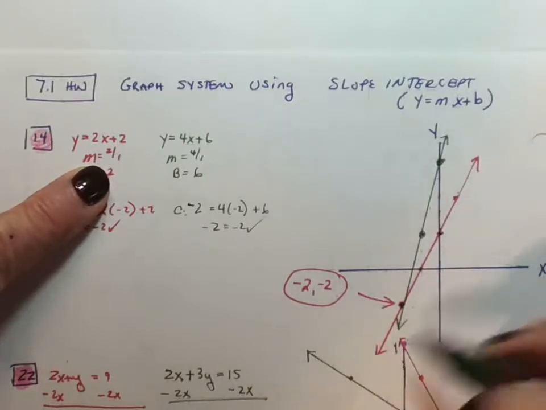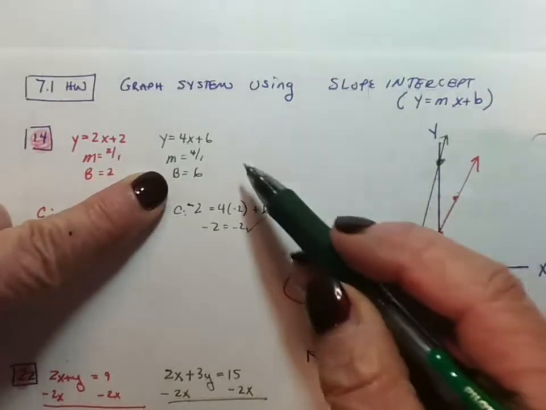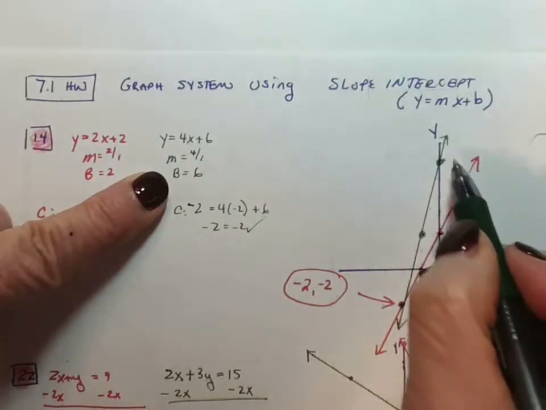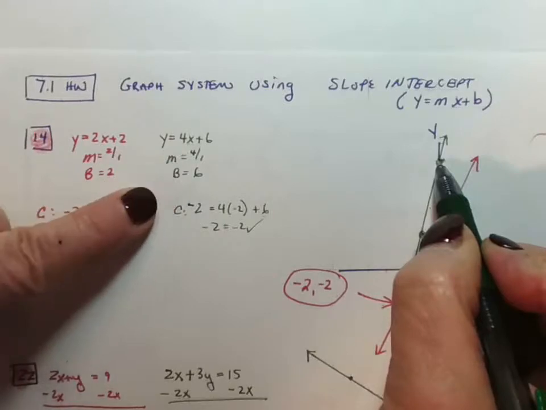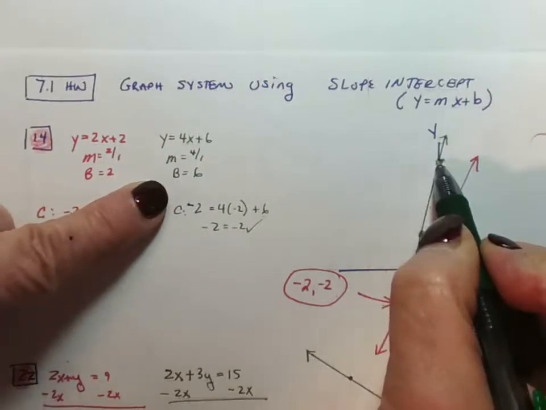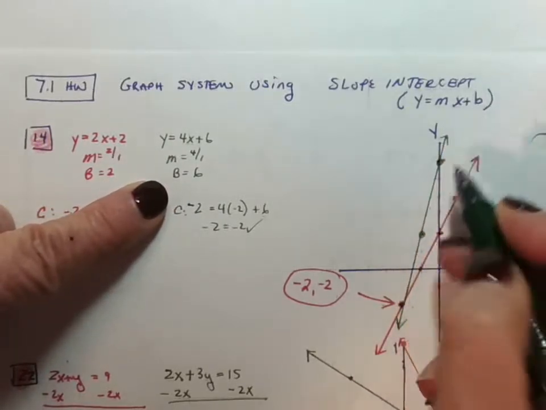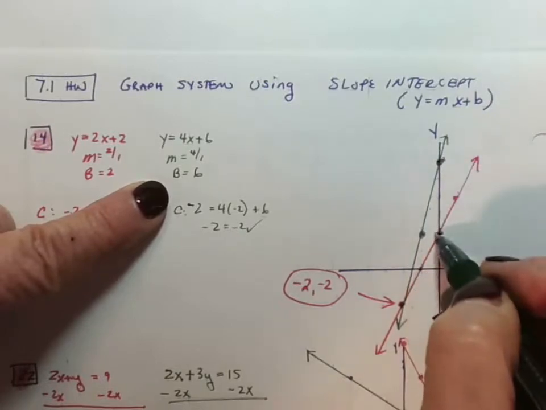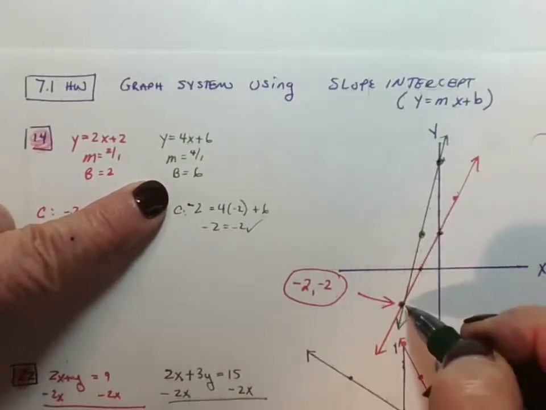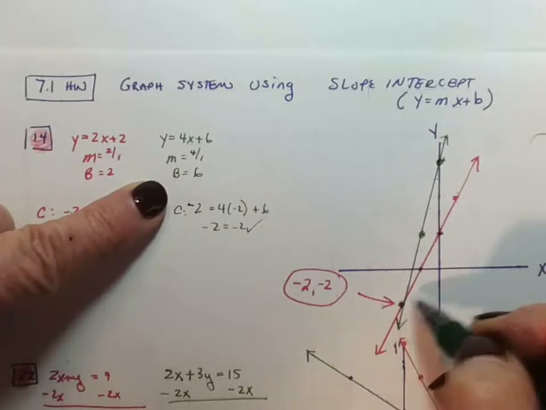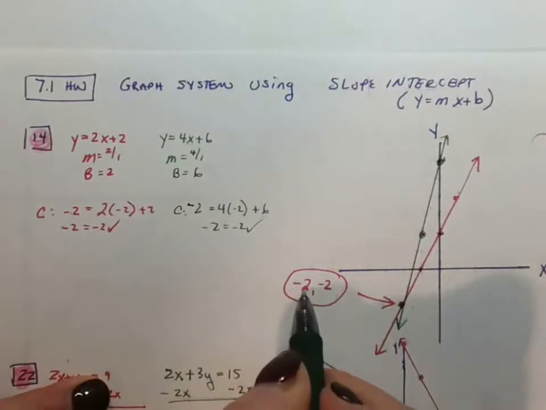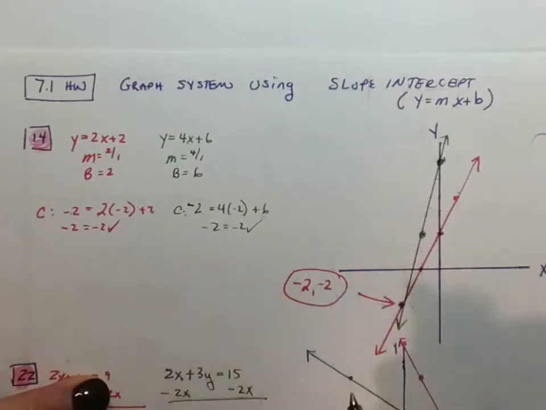You draw that line. Then you have y equals 4x plus 6. There's the y-intercept of 6. The slope, I didn't want to go up, so I went down 4, back 1, down 4, back 1. And it intersects at negative 2, negative 2.